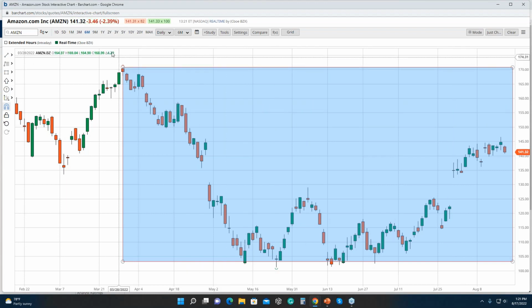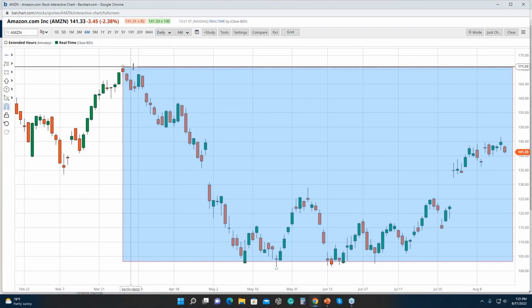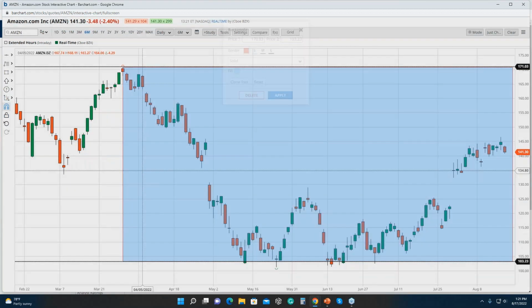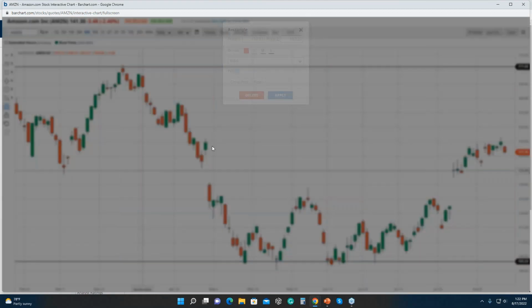So let's do this. First, let me just frame this out for us so that when we go down to our lower time frames, we have some reference points, because drawing on top of this little blue box can be a little bit difficult. So I'm going to just get rid of that.